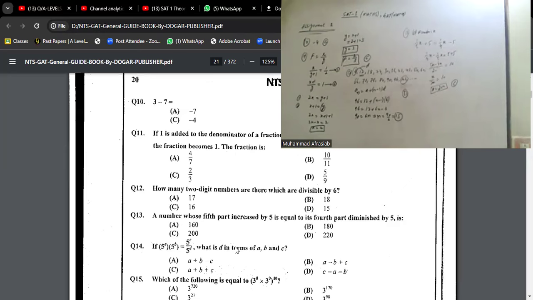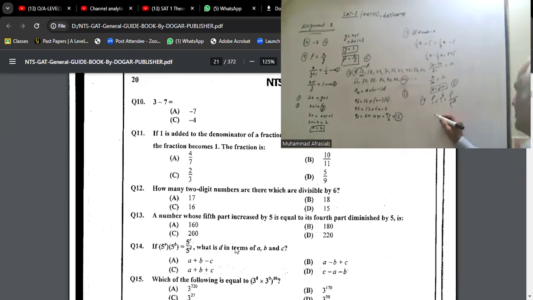Then question number 14. 5 to the power A into 5 to the power B is equal to 5 to the power C over 5 to the power D, where D is in terms of A, B, C. So question number 14. Now we use the indices rule there.